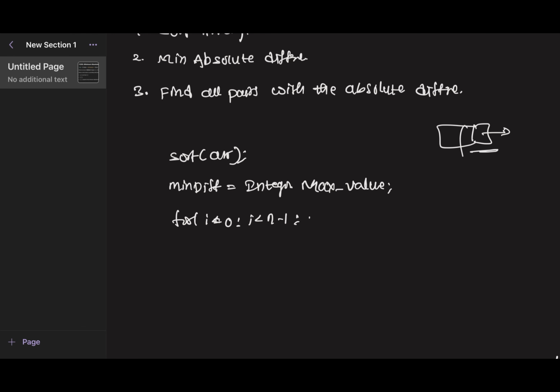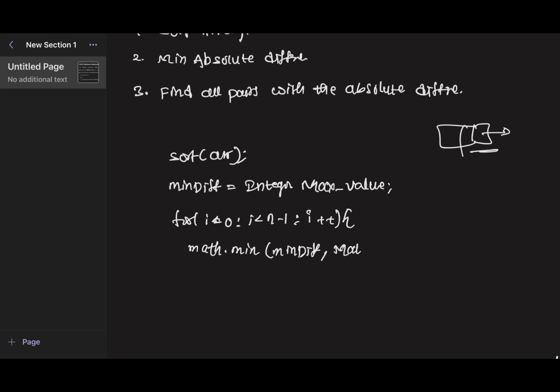And then i plus plus. So minimum difference will be Math.min of this minimum difference, comma.